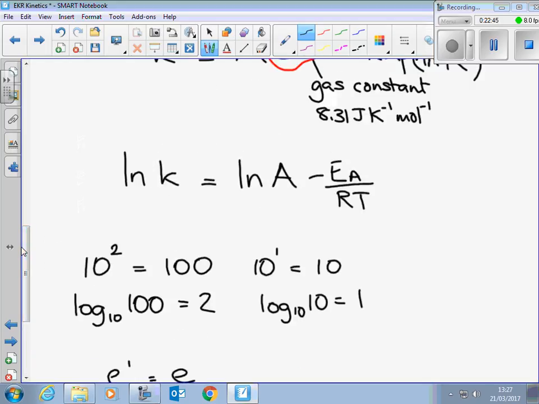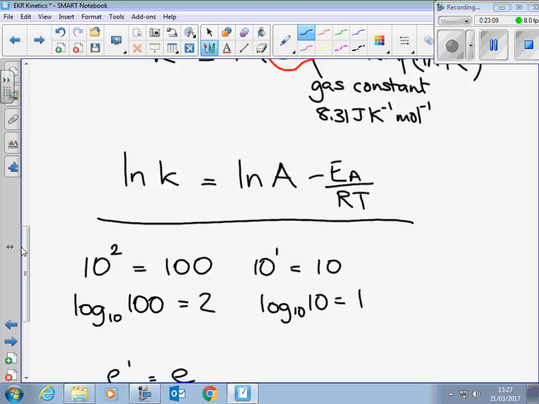Right, so if we backtrack to this, we can use that now, so we can actually make something out of this. So if we go on to Jim's next bit, using the Arrhenius equation, looking at the effect of a change of temperature, and this is what the second part of the practical work will be.